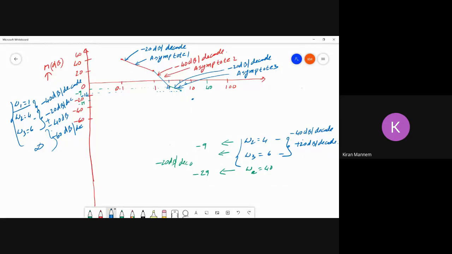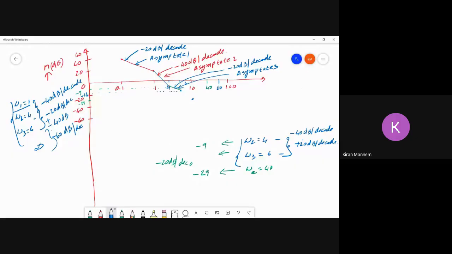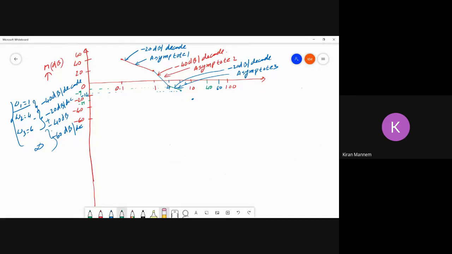So from 6 to 60, let us say 60, it should be minus 60 dB per decade. So if it is minus 14, let us make the calculation again so that you can easily draw the line. Now at omega 3 equal to 6, our magnitude would be minus 14 dB. So at an arbitrary frequency multiplied by 10, what is the magnitude?